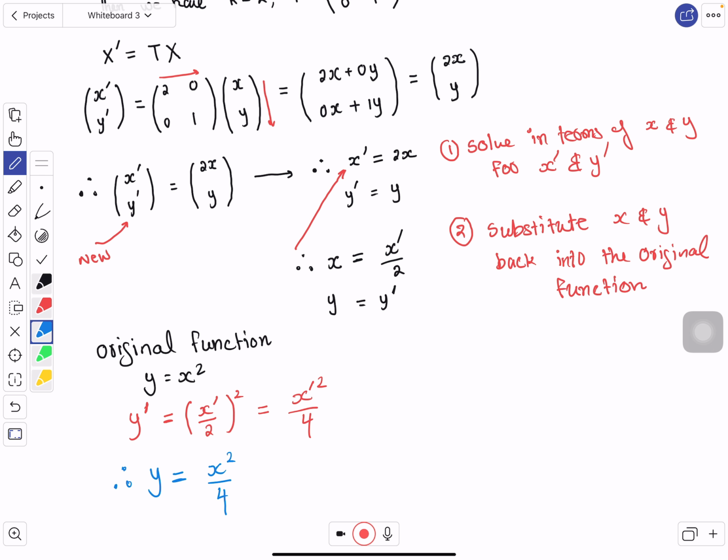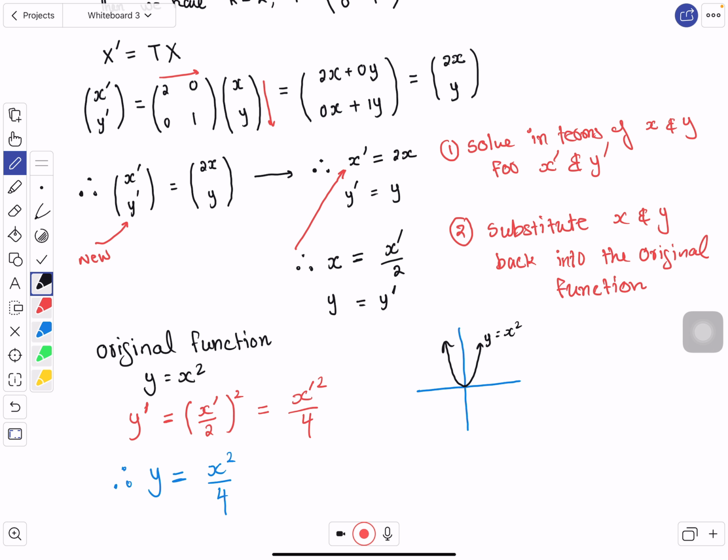So what this means is, if we have the function, the function was y equals x squared originally. Y equals x squared, that's the original.